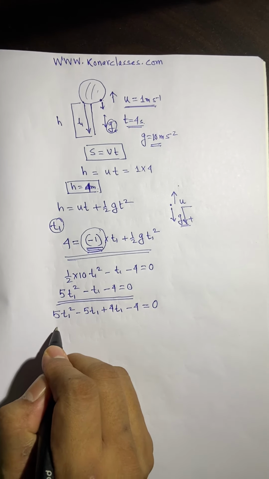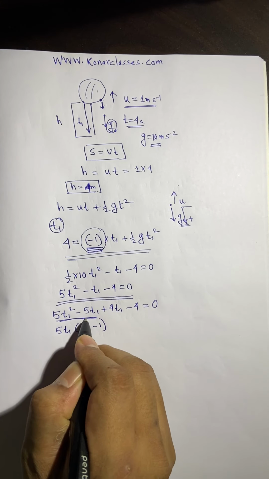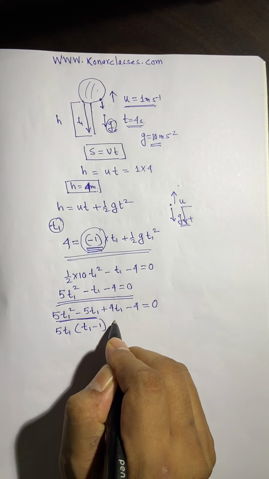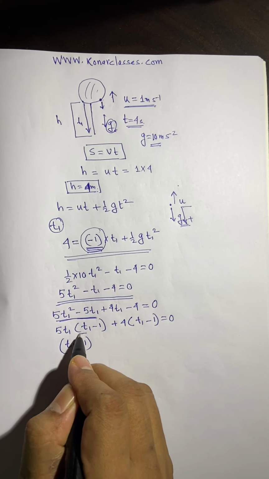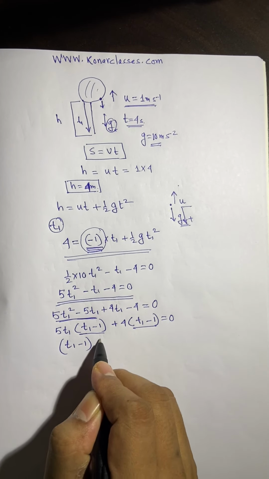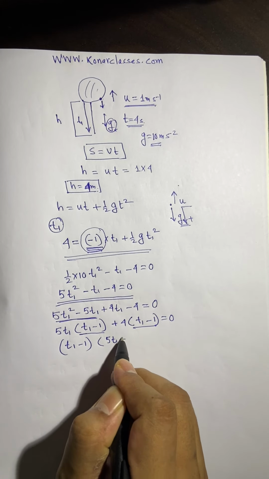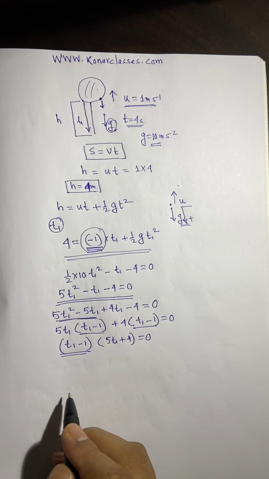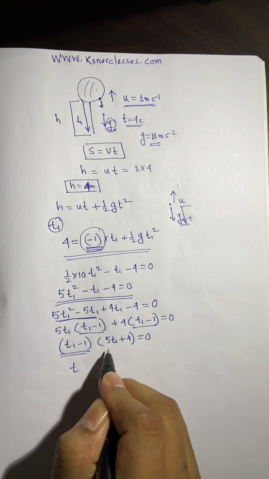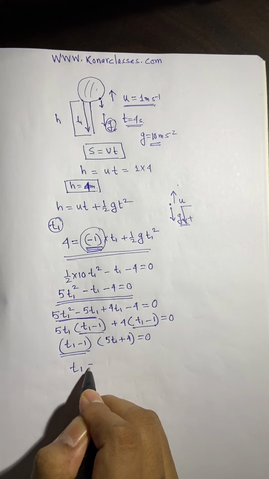Here you take 5 t1 common, then you get t1 minus 1, and here you take 4 as common, then you get t1 minus 1 equal to 0. So you take t1 minus 1 common from both, and you will get 5 t1 plus 4 equal to 0. From this equation we can easily derive that, as this is 0, t1 will be 1.